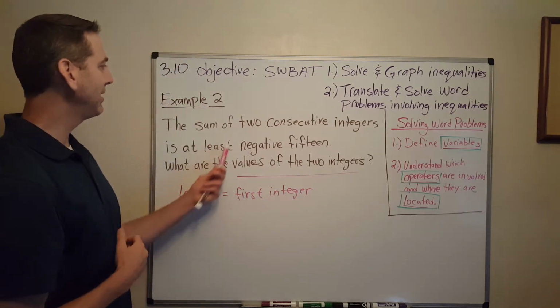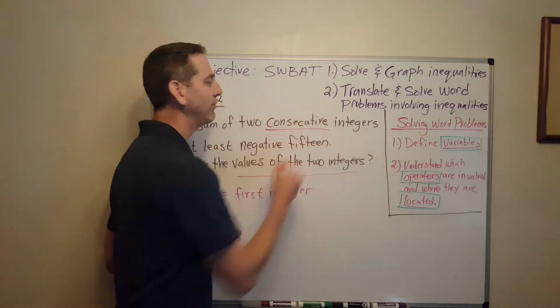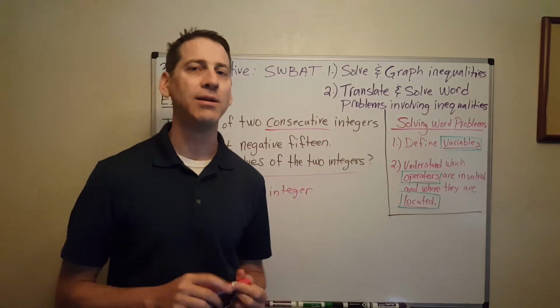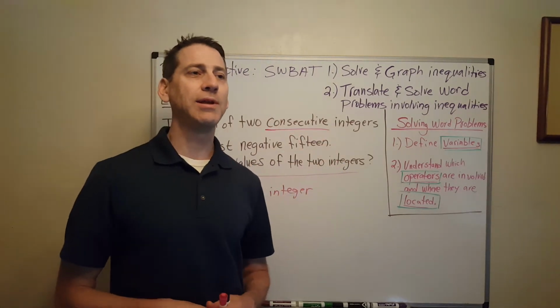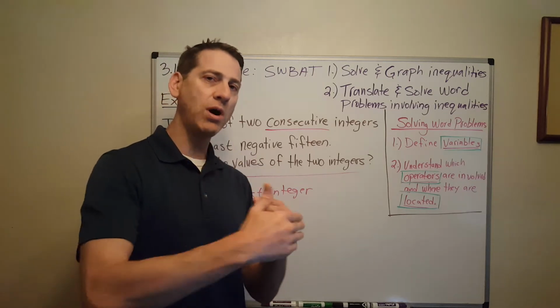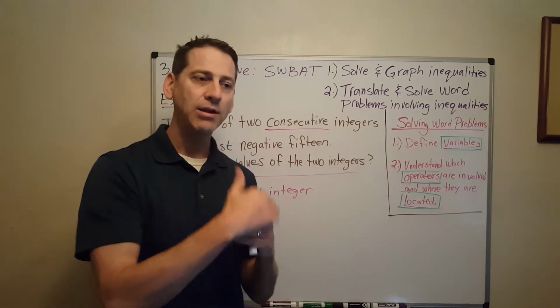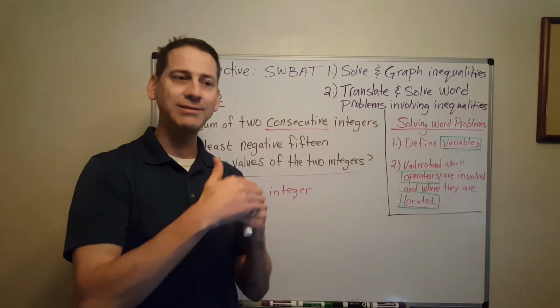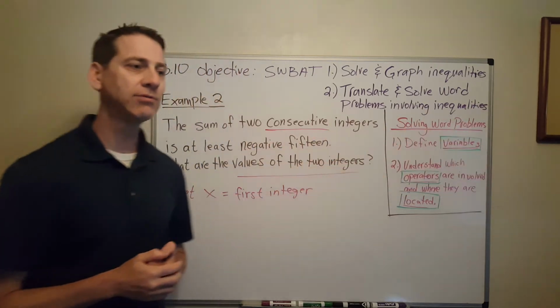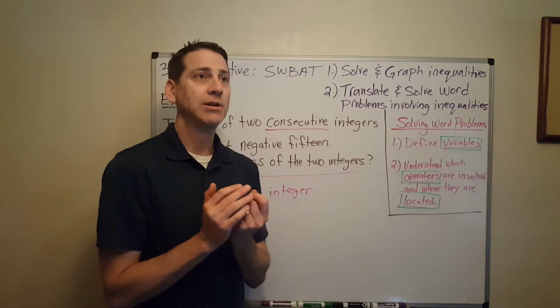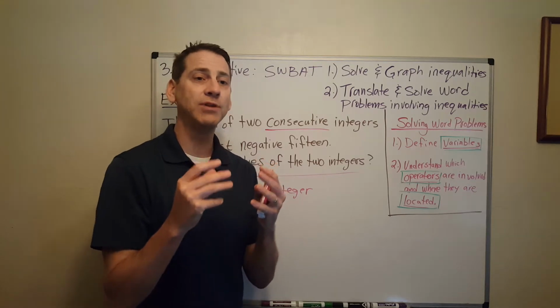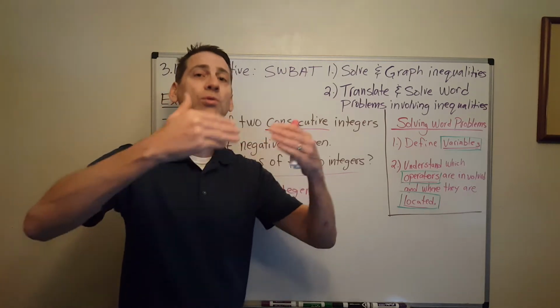It says the word consecutive. What does that word mean? Consecutive just means one after the other, like 3 days in a row. If I'm speaking in consecutive numbers, I'm speaking like 1, 2, 3, 4.